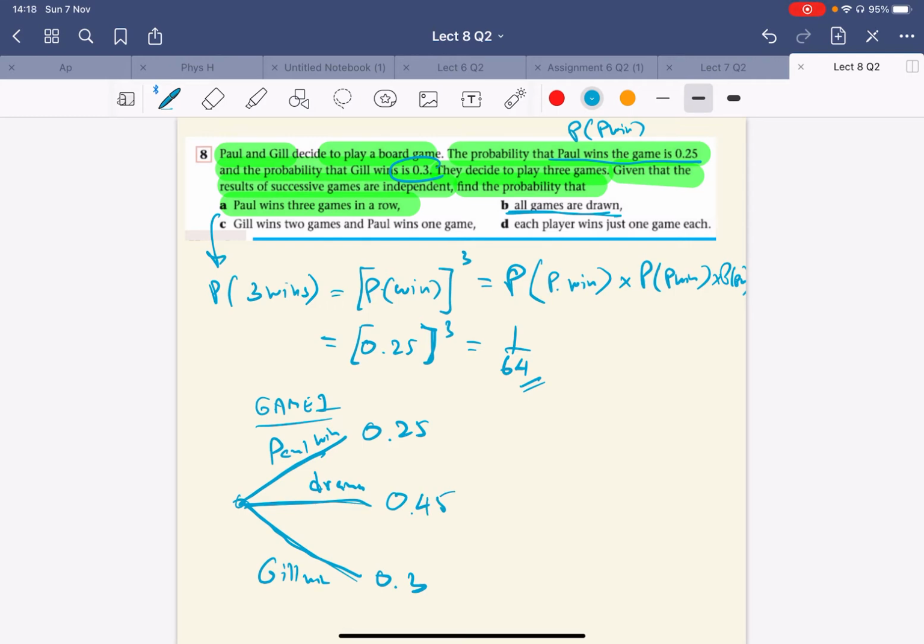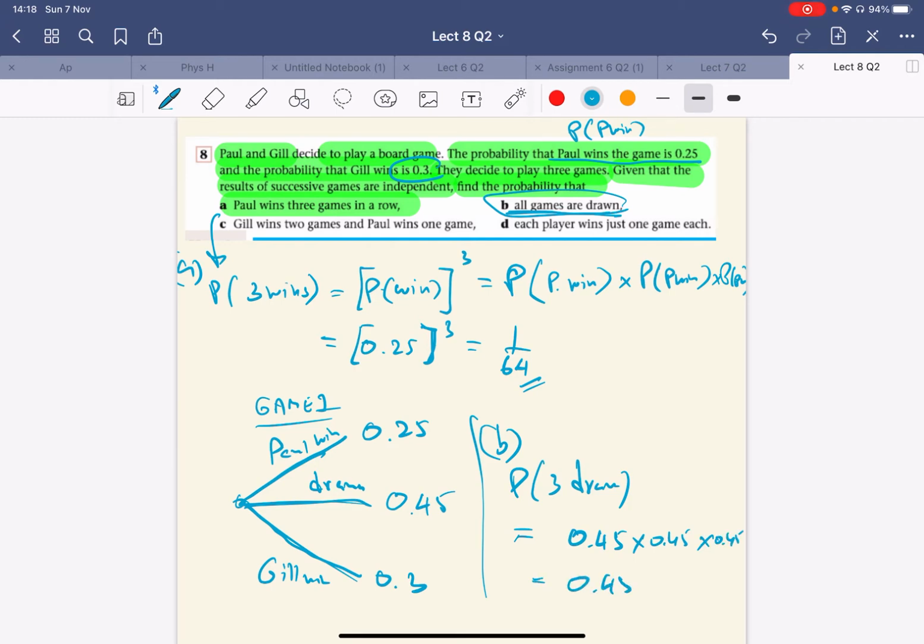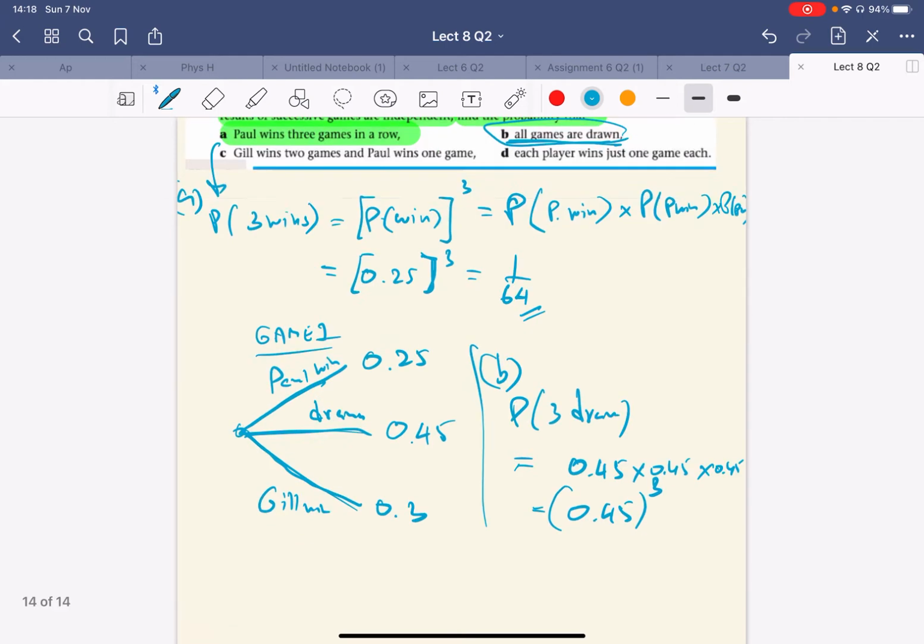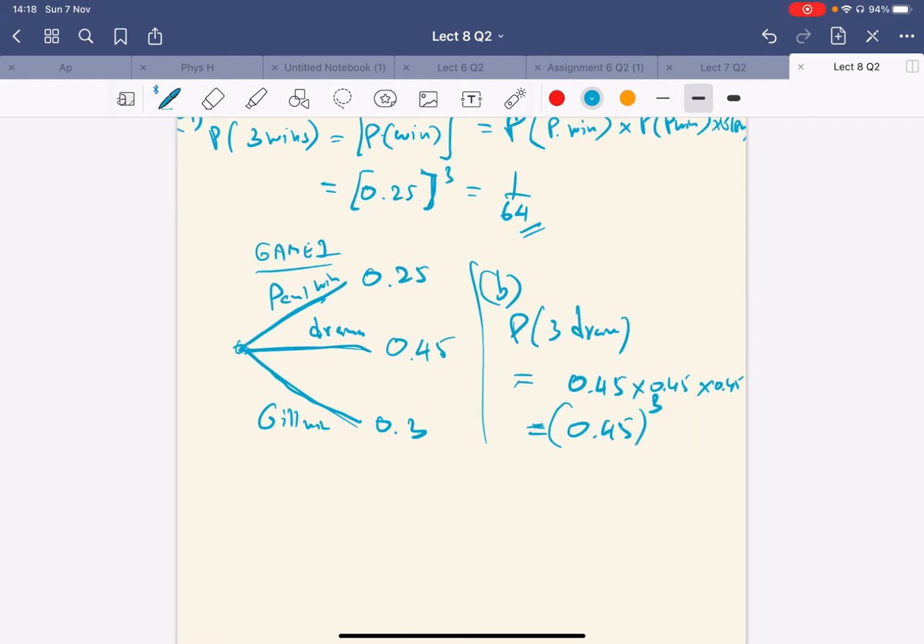So how many games are you looking for drawn? All games. This is part B. So part B is the probability of 3 draws, which equals 0.45 3 times, right? You can say 0.45 raised to power 3, and that will be your answer.